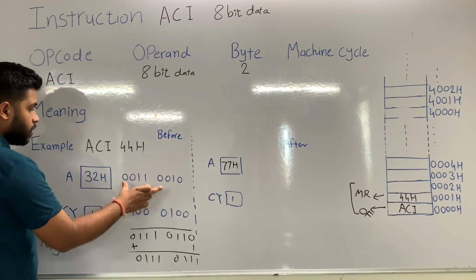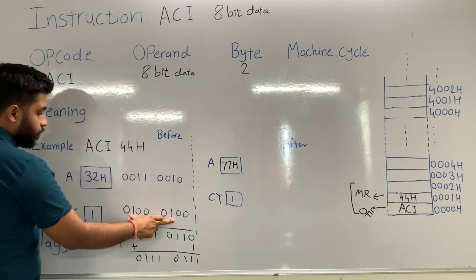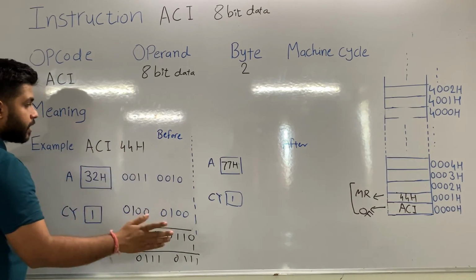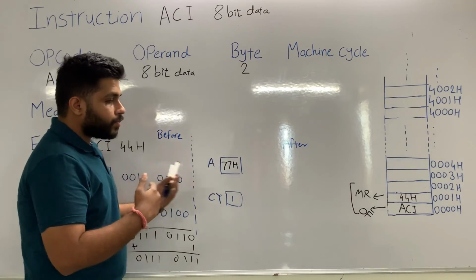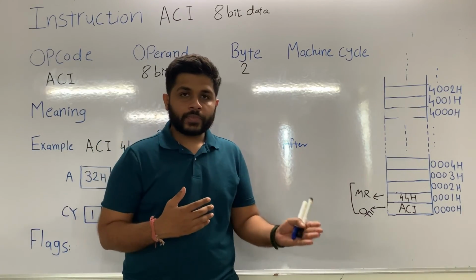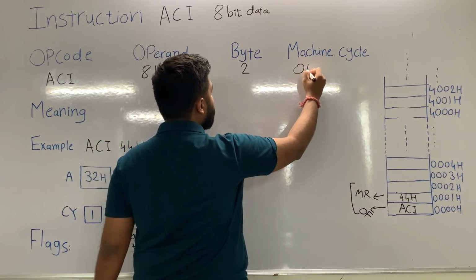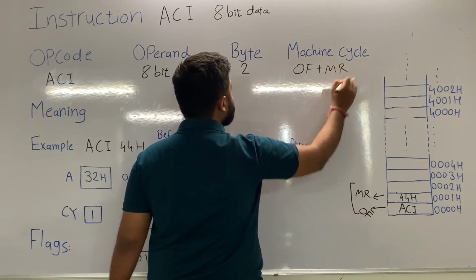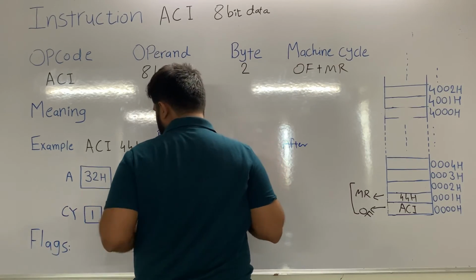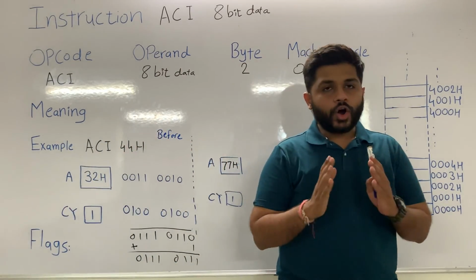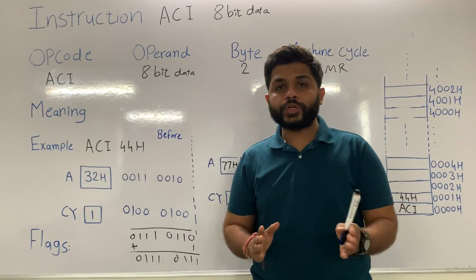So during the execution, the accumulator and 44H will be added, and the answer will be stored in the accumulator. And during the execution, no interaction with the memory is done. It means for this instruction, only 2 machine cycles are required, that is opcode fetch and memory read. What will be the status of flags? Because this instruction is an arithmetic instruction, all the flags will be affected according to the result.